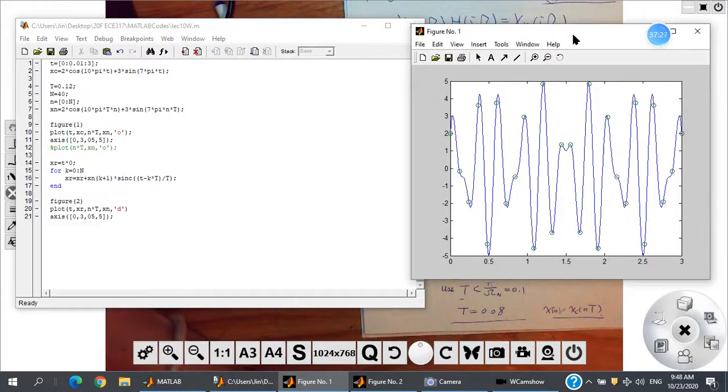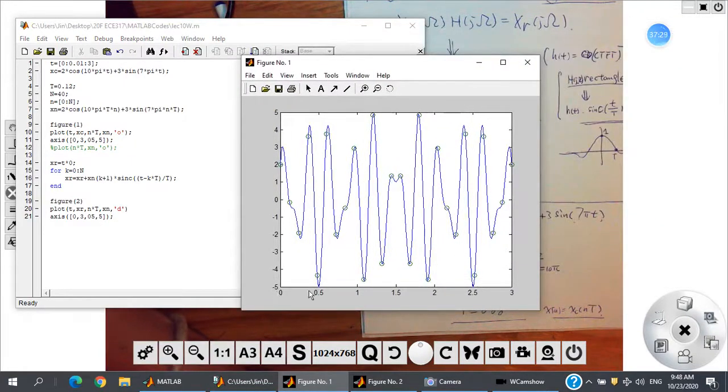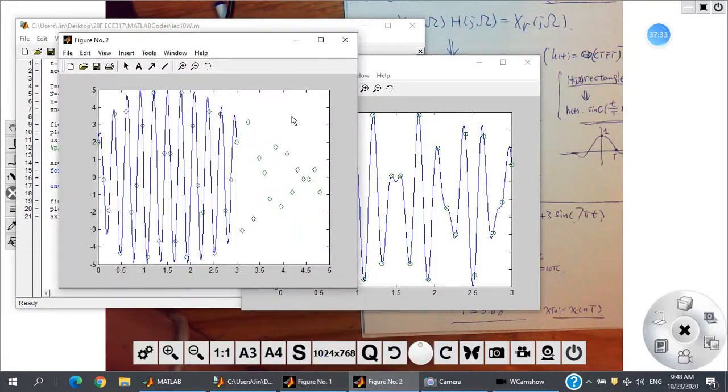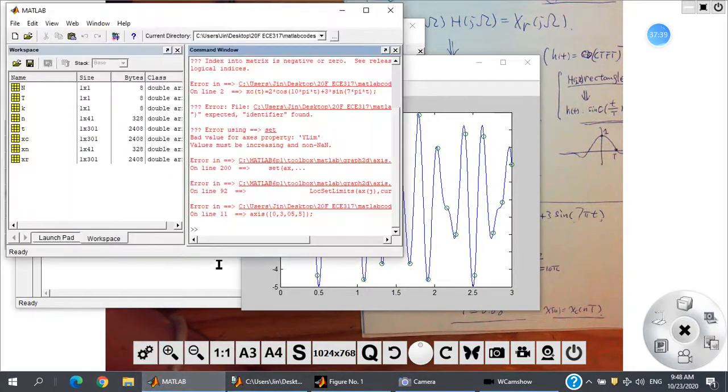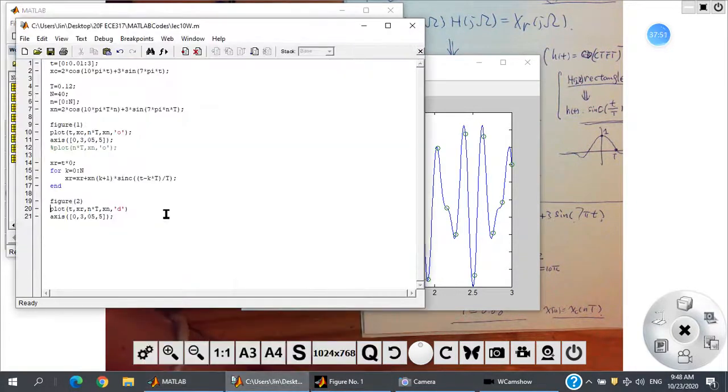Yeah, okay. We only see x running from 0 to 3. This is figure 1 and figure 2. Oh, figure 2, I got something wrong. Some arrow in axis. Oh, we can't do that? Let me see. Yeah, that one is good, right?